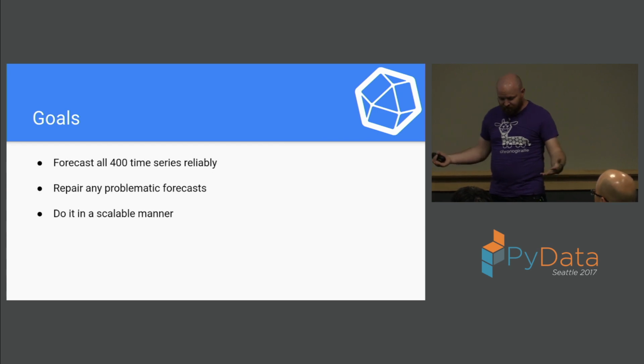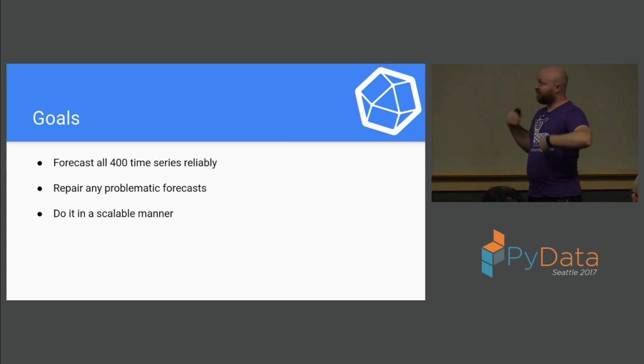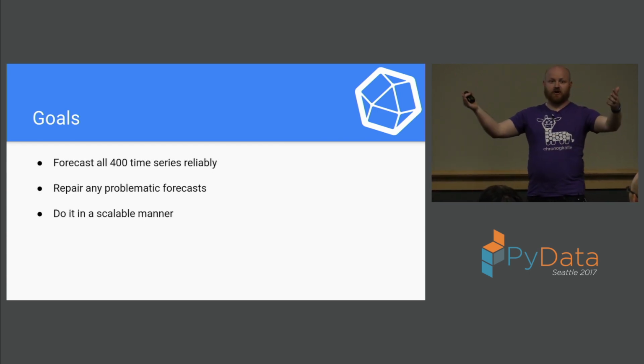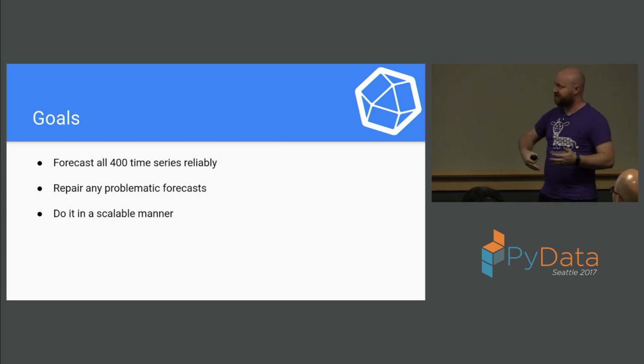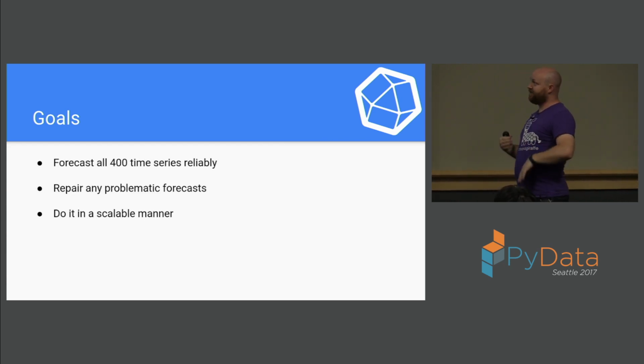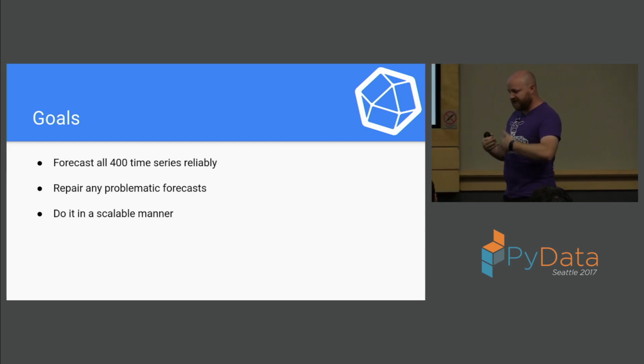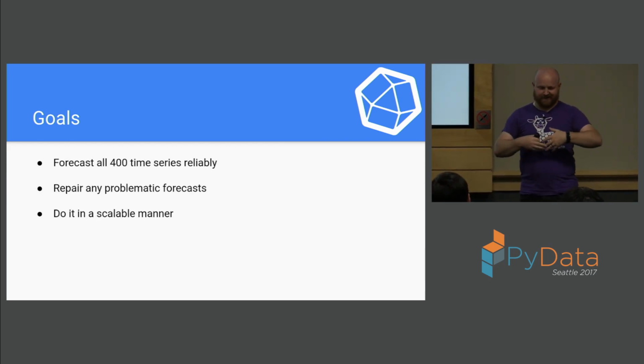Okay, so what are our goals with the example? We want to forecast the future stars of all 400 of these repositories on GitHub. We want to be able to fix any forecasts that we set up initially that are broken or just really bad.